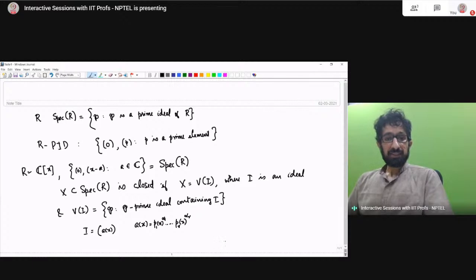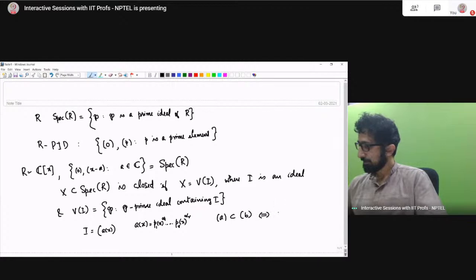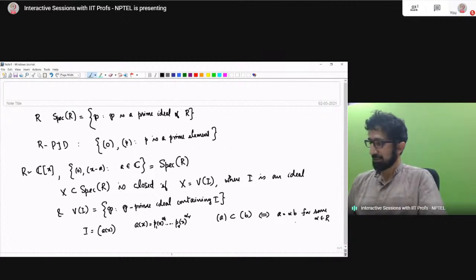Now, what are the prime ideals containing I? Again, this follows from one of the exercises you might have seen already, that an ideal A is contained in an ideal B if and only if A is equal to alpha times B for some alpha in R. This is in general for any ring.